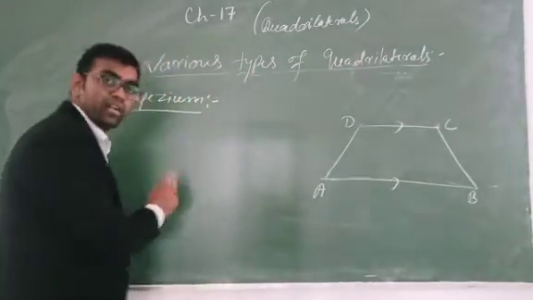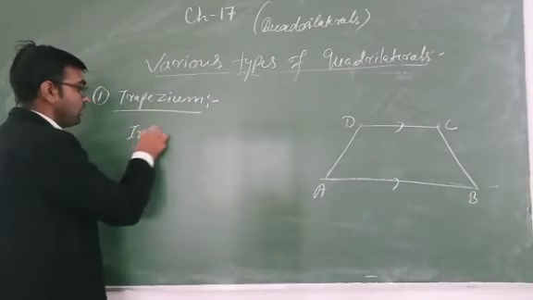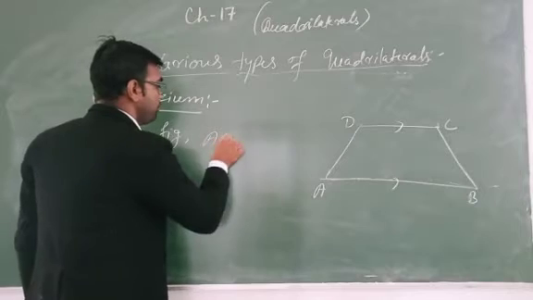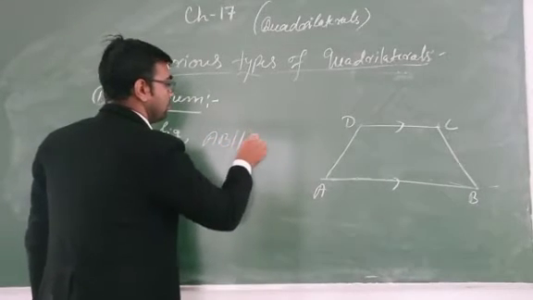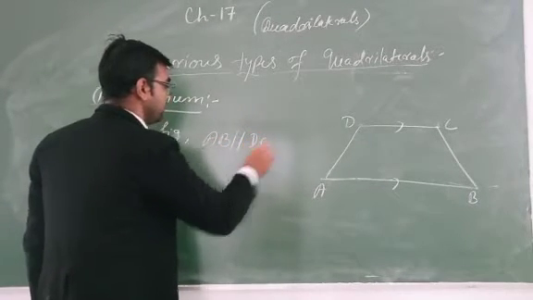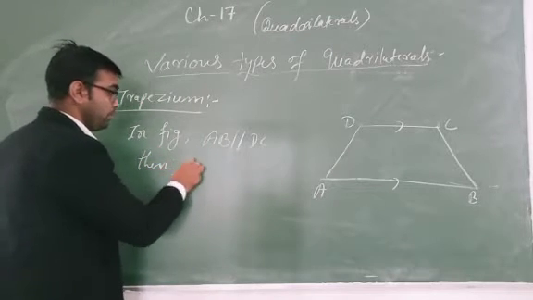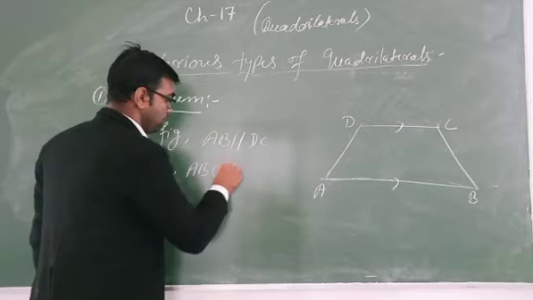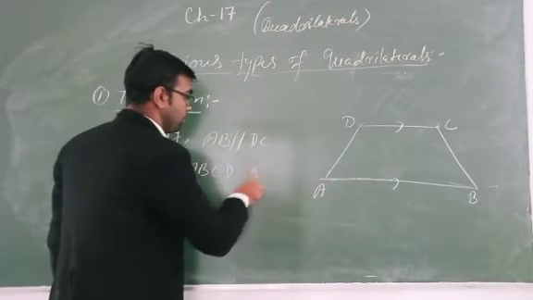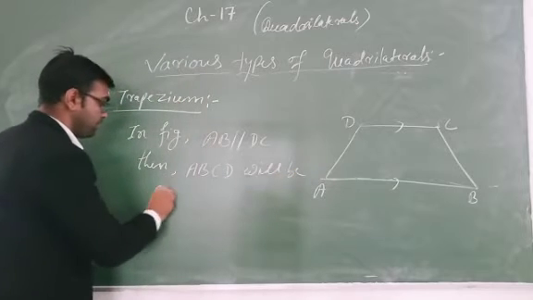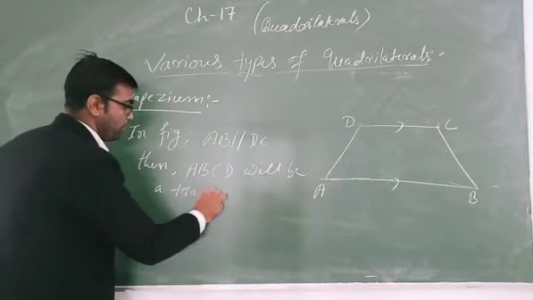You can write the definition yourself: in the figure, AB is parallel to DC, therefore ABCD is a trapezium. I hope it is clear.